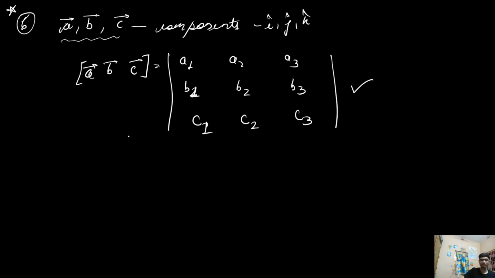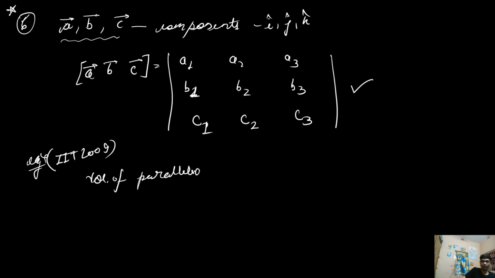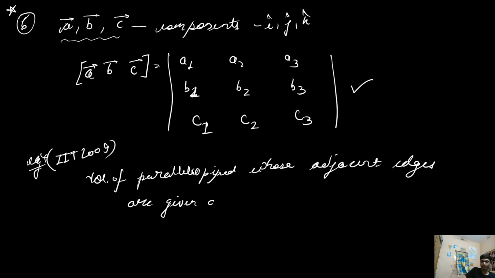Now on the basis of this, there was an important question asked in JEE Advanced, in the IIT question paper of 2009. The question said to calculate the volume of the parallelepiped whose adjacent edges are given as i cap plus j cap, 2j cap plus i cap, and i cap plus j cap plus pi times k cap.